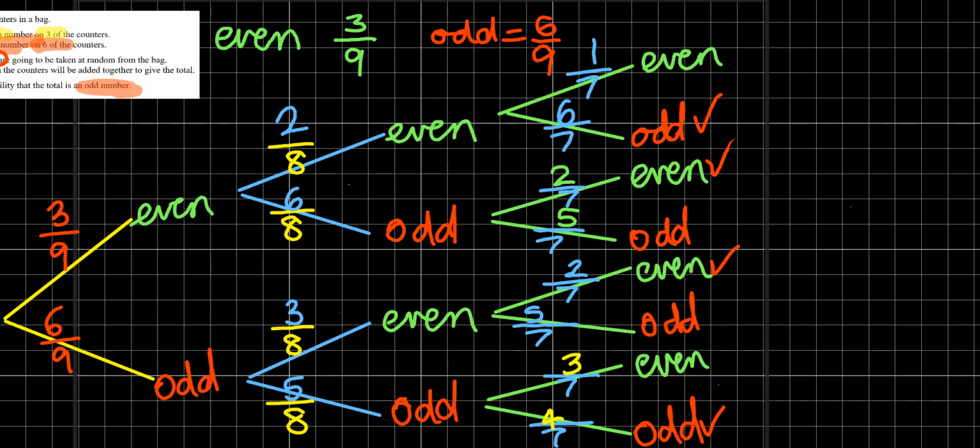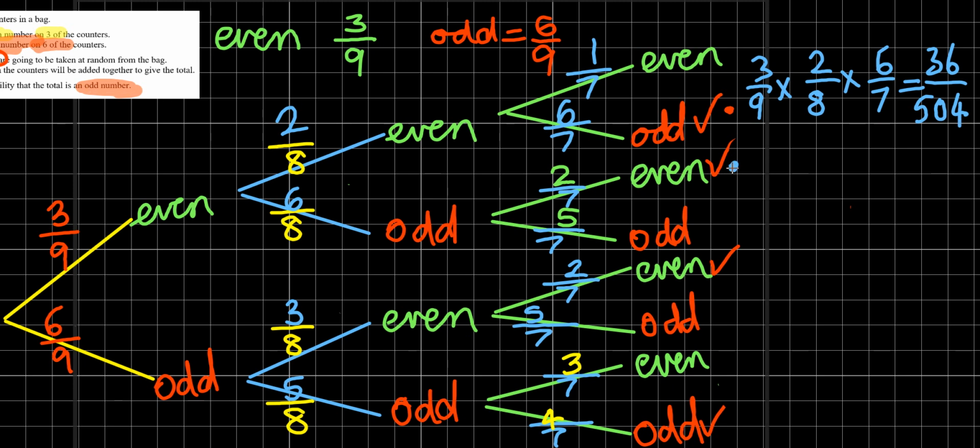So let's have a look at this branch here. We have 3/9 times 2/8 times 6/7. That would give us 3 times 2 is 6, 6 times 6 is 36 over 504.